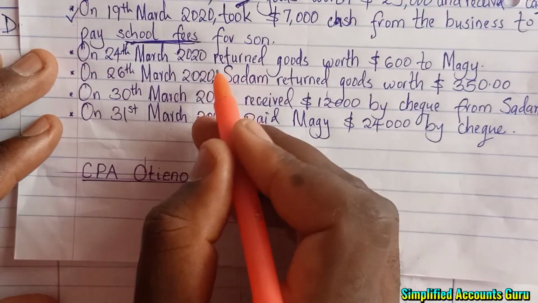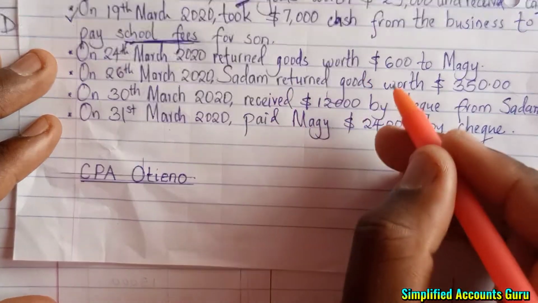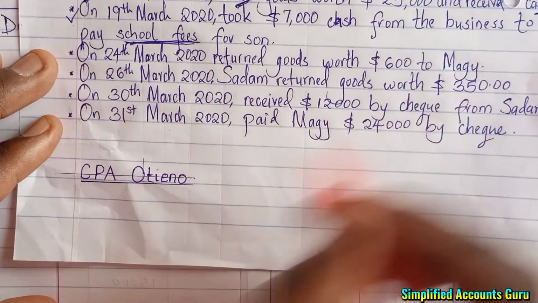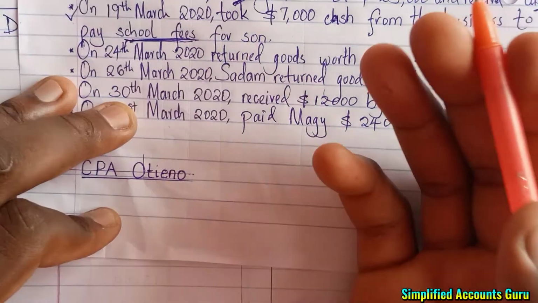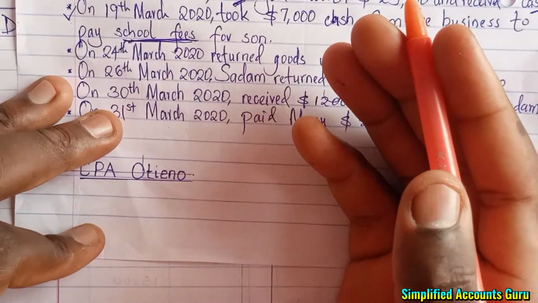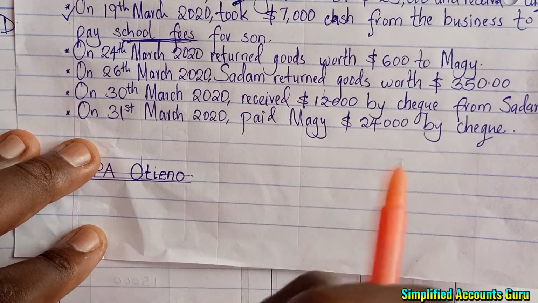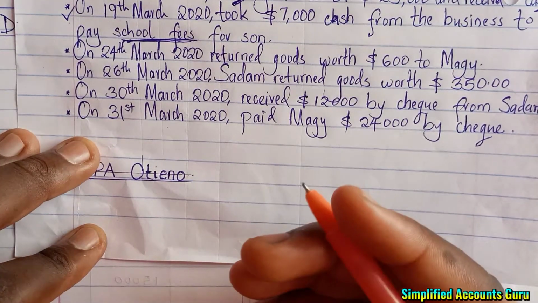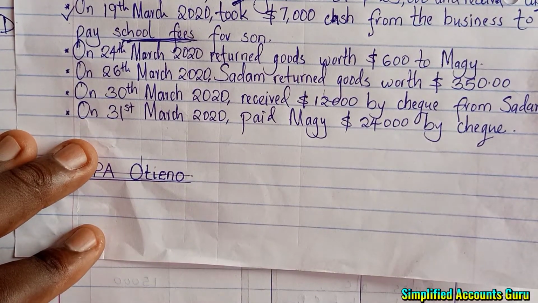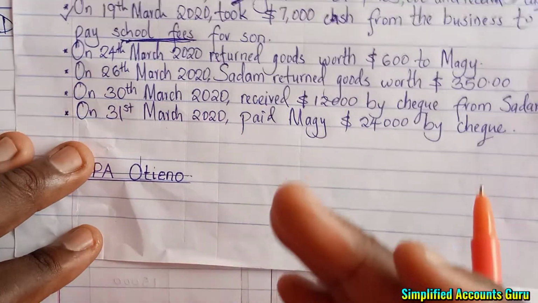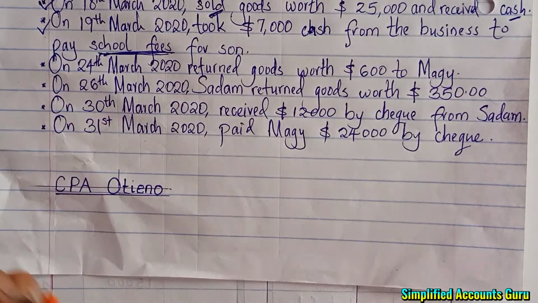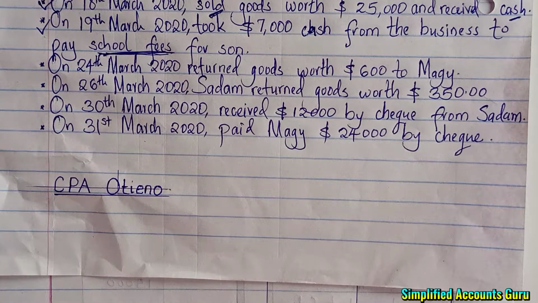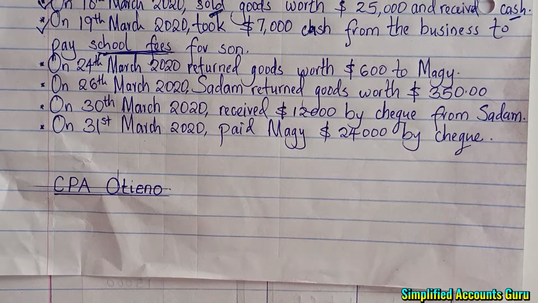So on 24th March, return goods worth $600 to Maggie. Returning it to means it is returning outwards. So we normally have returns inwards and returns outwards, which I will have a good time to take us through in a better way so that we can understand what normally happens between return inwards and return outwards and how they affect the sales and the purchases.